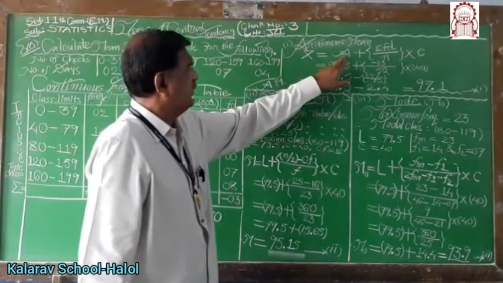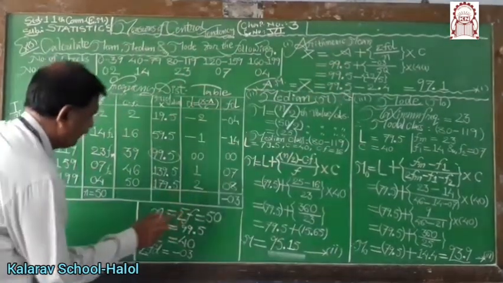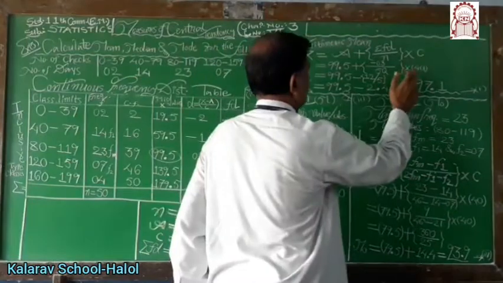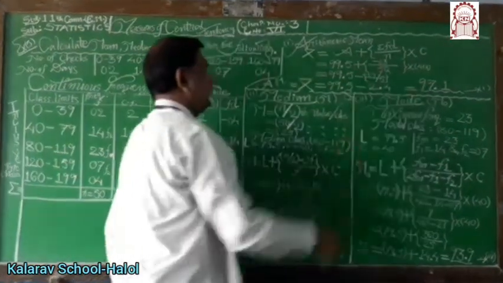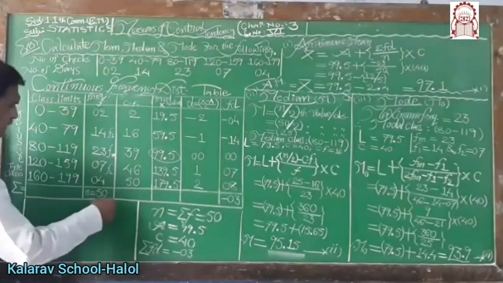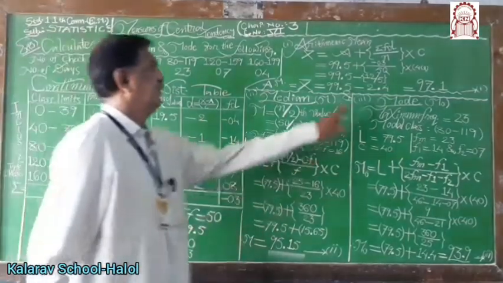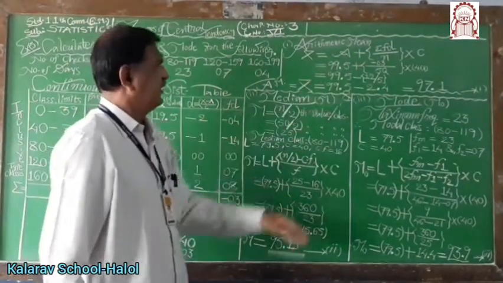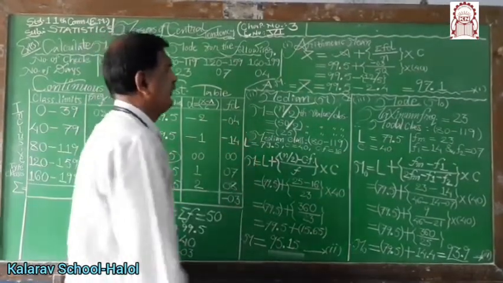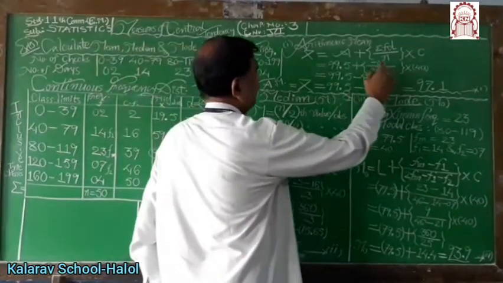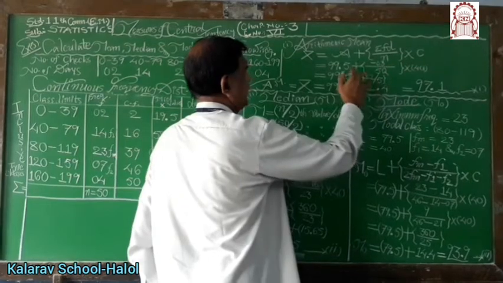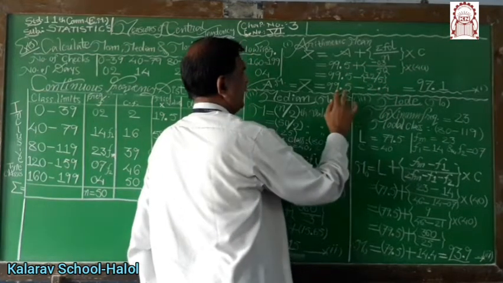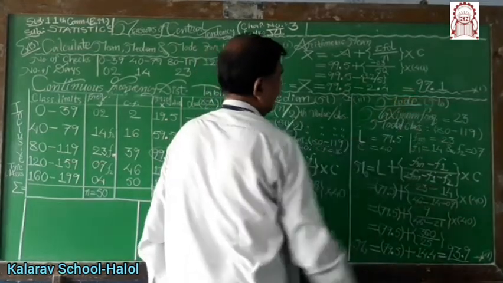Substitute the values: A means 99.5, multiplied by C, 40, and total frequency 50, and sigma FD is minus 3. Now simplify. 0 cut out, minus 3 into 4 is minus 12, upon 5 becomes minus 2.4, and ultimately the answer will be 97.1.